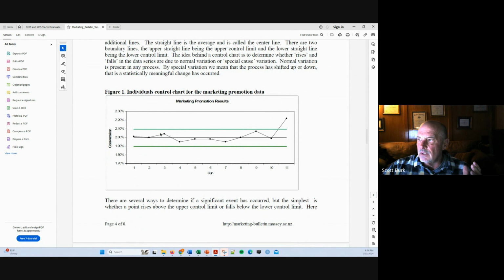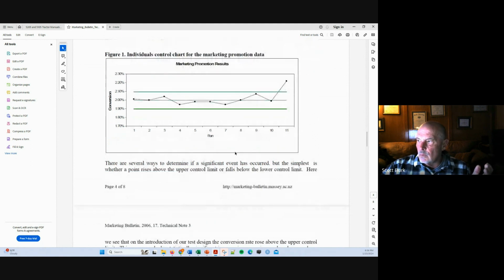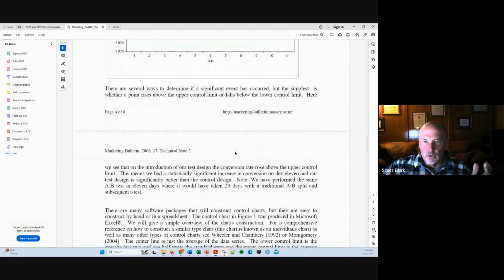Then you have these green bars, which are the upper and lower limits, based on statistical process control. If you have an outlier, like this last point that goes above the line, that is a significant change to the existing process. That's the way a control chart works.